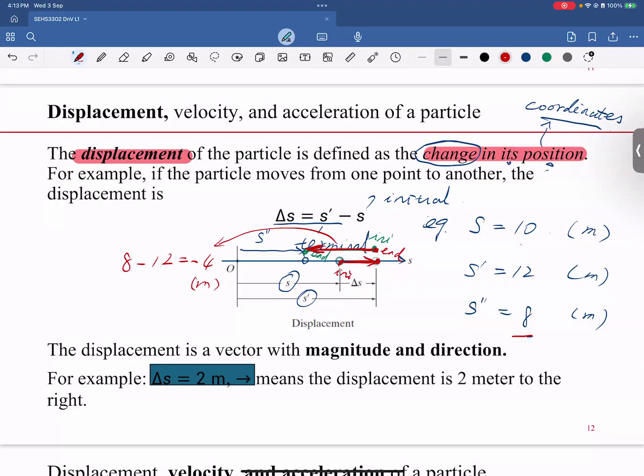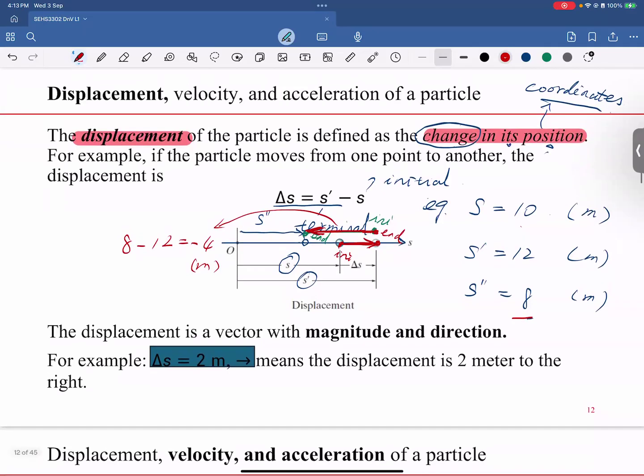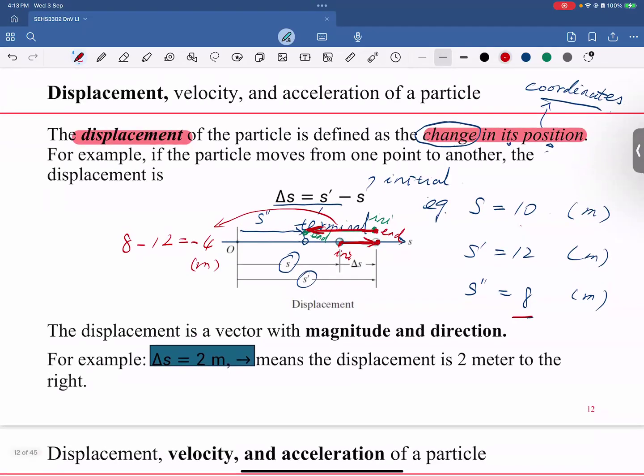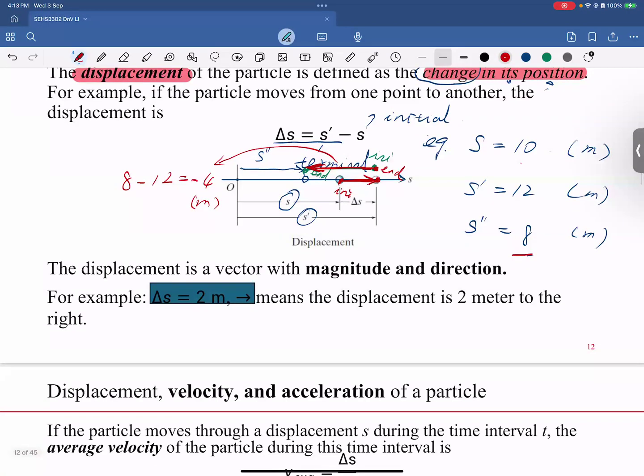We cannot just simply use positive or negative. So how to deal with this thing? We just use a symbol to describe it. Here, delta S, right? Delta S is the displacement. We call this displacement. If we use vector, we can do it like this.